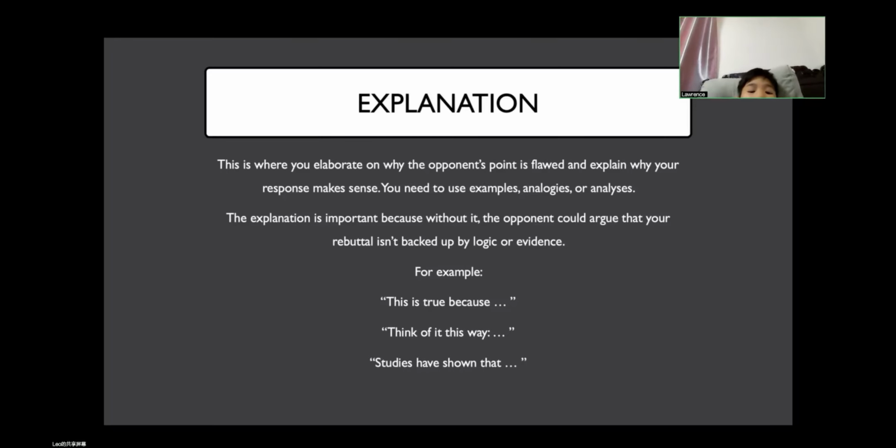The explanation part is important because without it, the opponent could say that your rebuttal is untrue or isn't backed up by logic or evidence. For example, you could say that this is true because, think of it this way, or studies have shown that something, something, something.